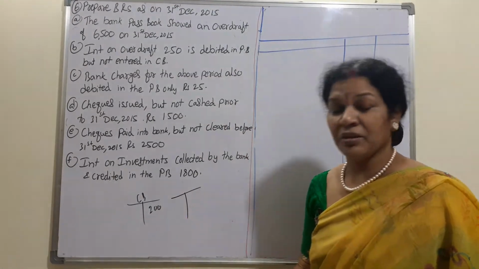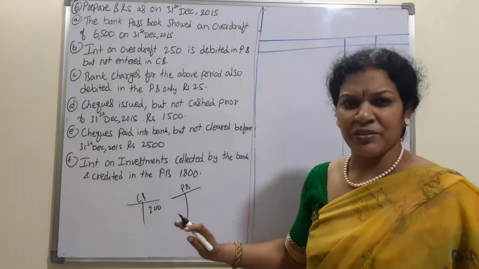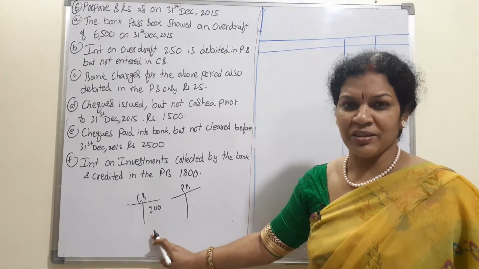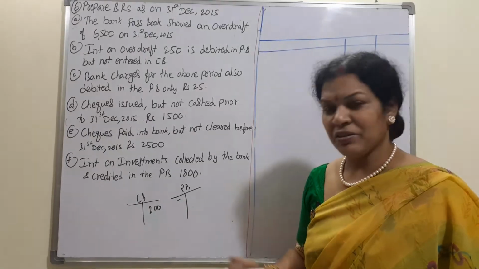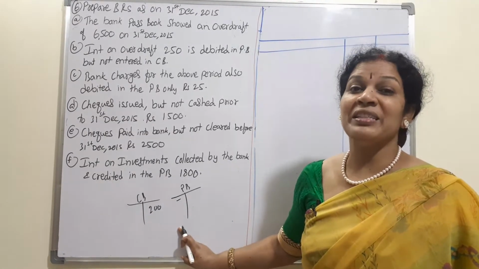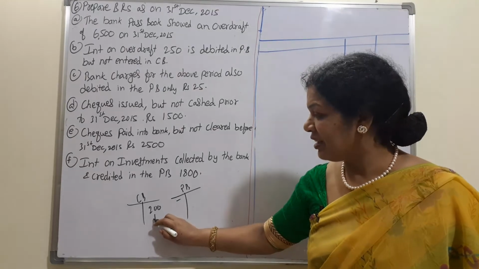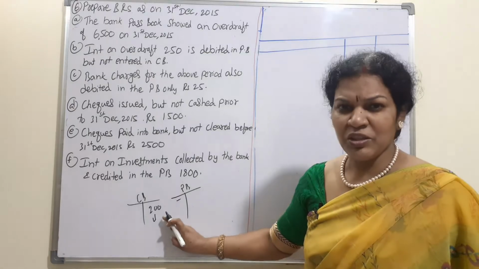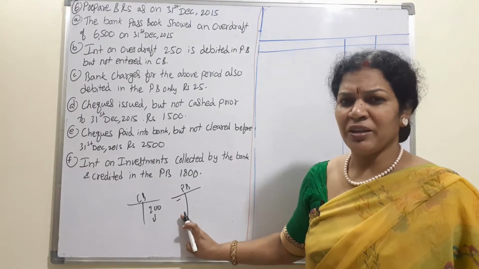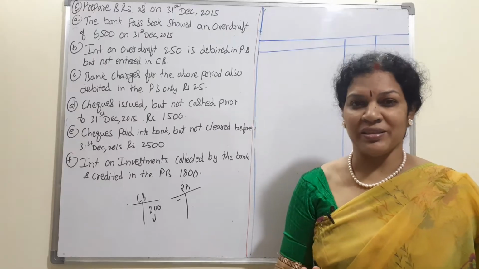With a normal balance, when we issue a check, the cash book balance is decreasing, and the passbook has no entry since it is not presented for payment, so the passbook is increasing, generally we will say.